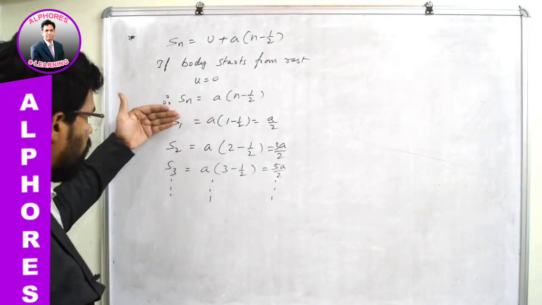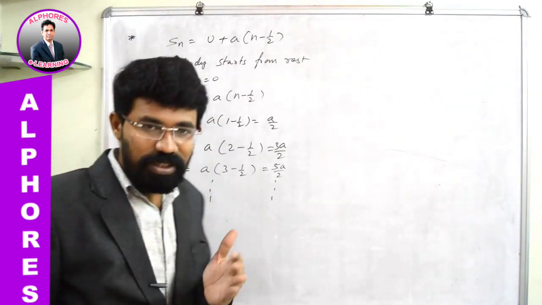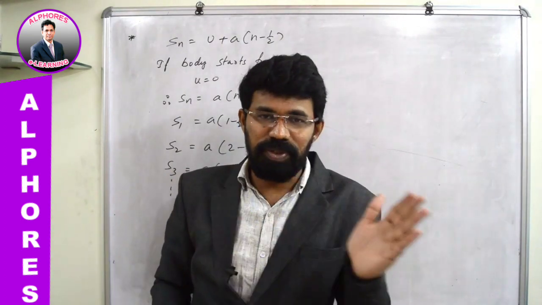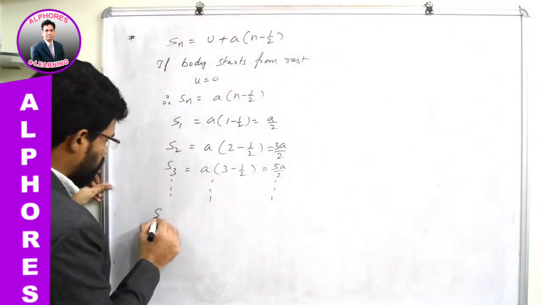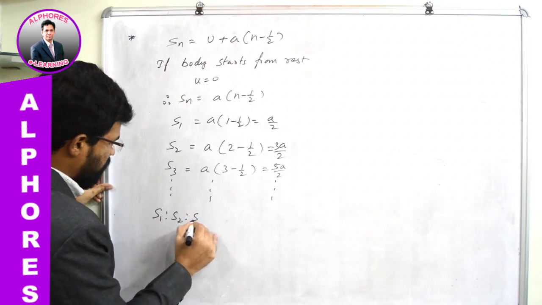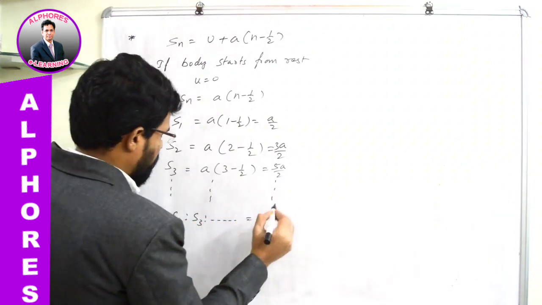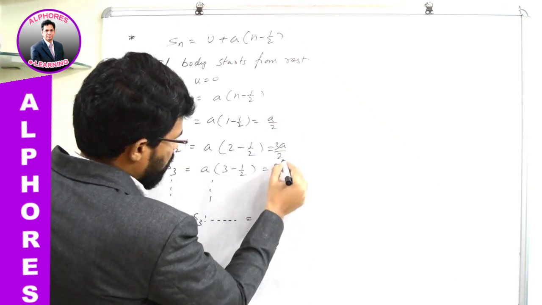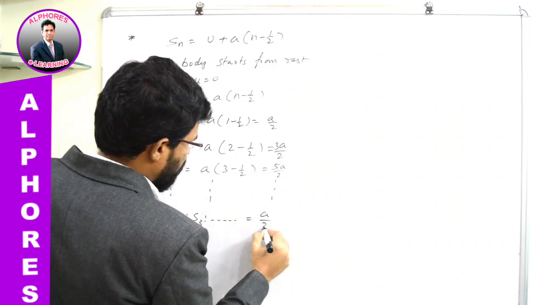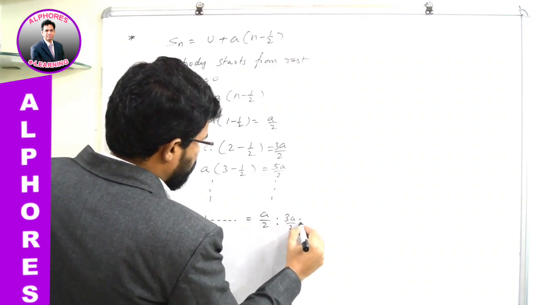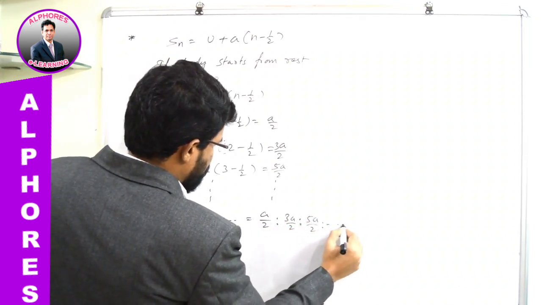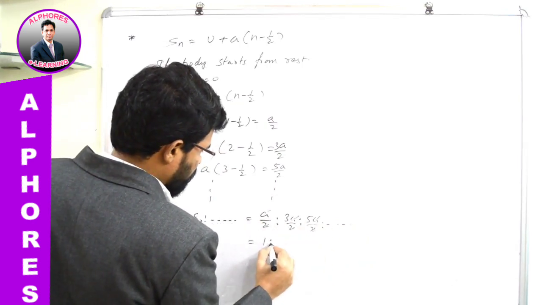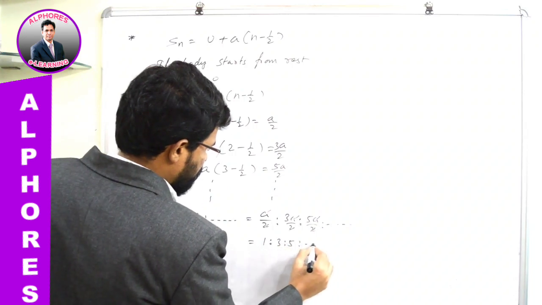When you take the ratio between all these distances traveled in consecutive seconds, S1 is to S2 is to S3 and so on, a by 2 is to 3a by 2 is to 5a by 2 and so on. a gets cancelled, 2 gets cancelled. You are left with 1 is to 3 is to 5, and so on.